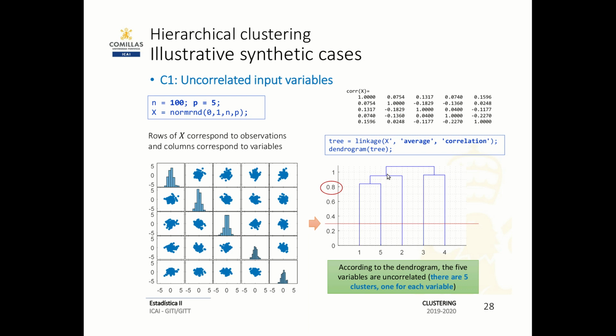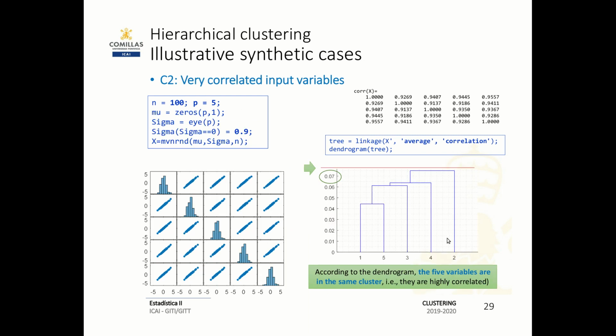That means that the variables are not similar to each other at all. Now let's say that we have very highly correlated variables, and in this case they come together at very low distances, meaning that they are very similar to each other, all 5 of them.